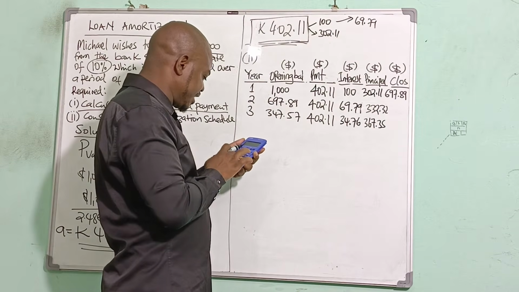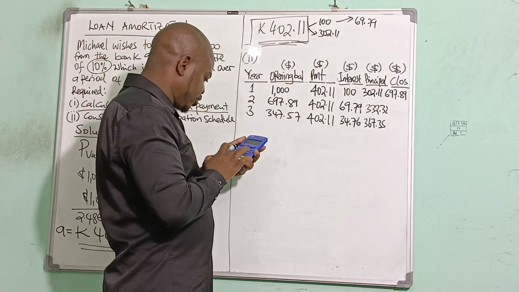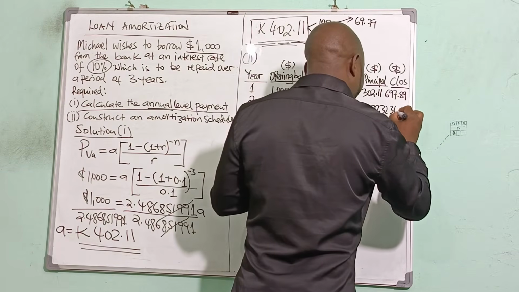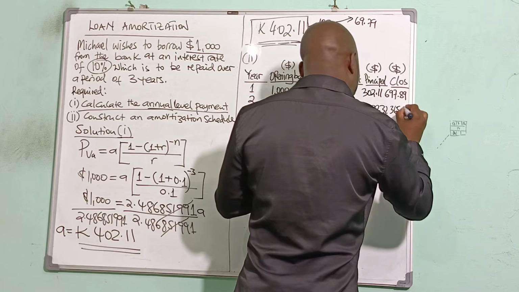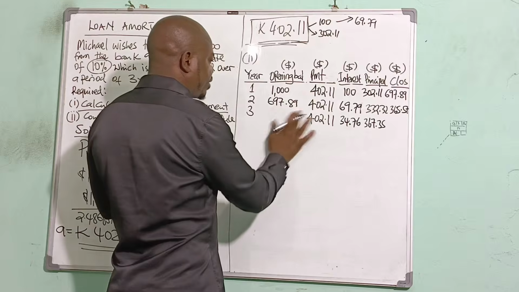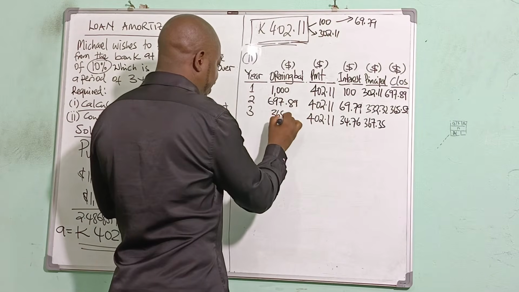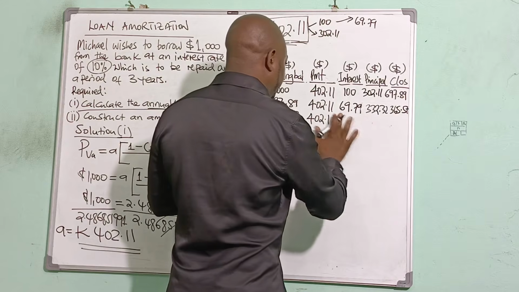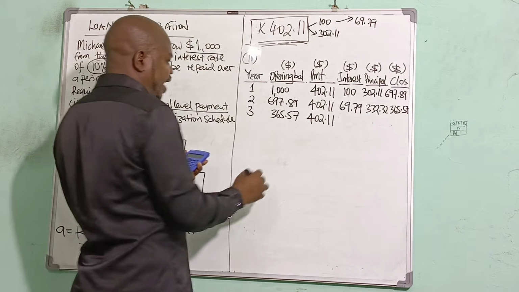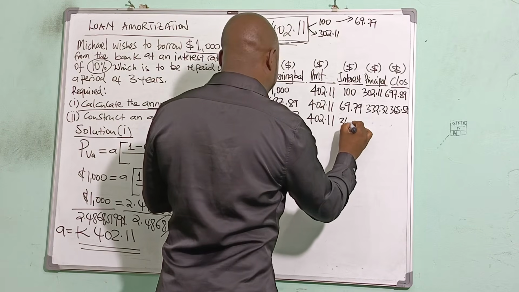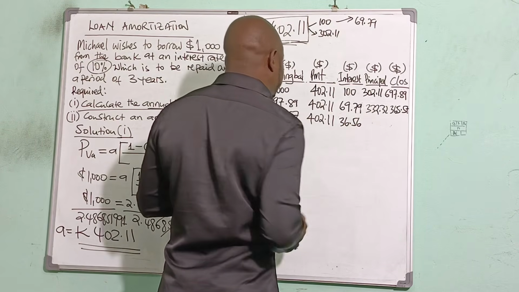So 697.89 minus that gives 365.57. Now the year 3 opening balance is 365.57, and 10% of that is 36.56.